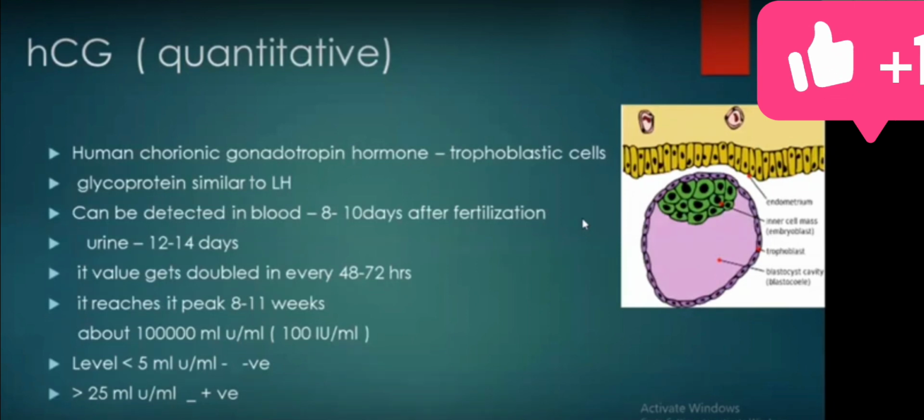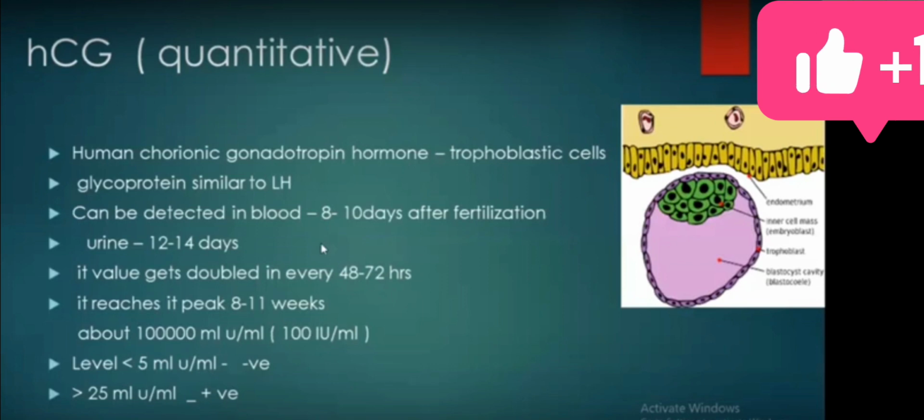Before 4 or 5 days, you can assess the serum HCG in the maternal blood to assess pregnancy. If you are doing a UPT, you can see the presence of HCG in urine on the day of the expected menstrual period. But with serum HCG, you can assess it 2 or even 4 or 5 days before the expected menstrual period, and see whether the lady is pregnant or not.